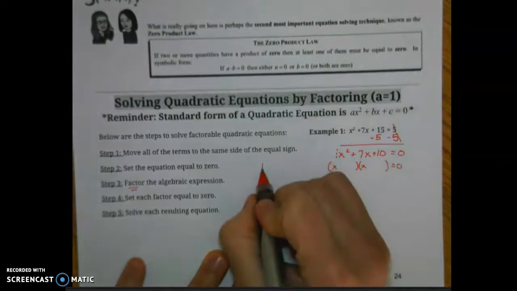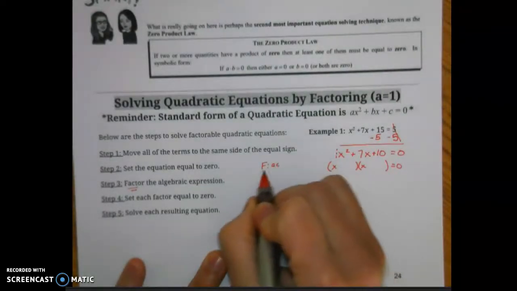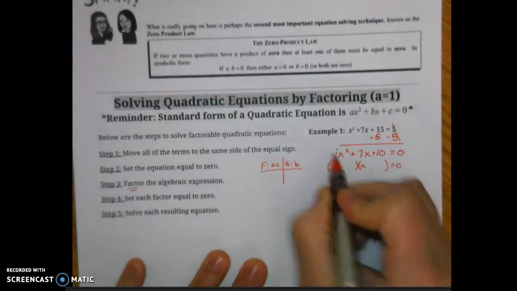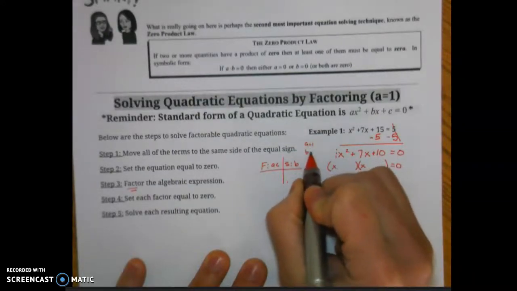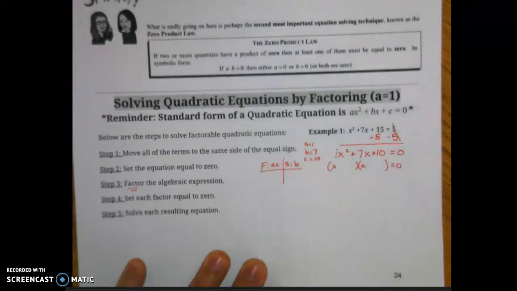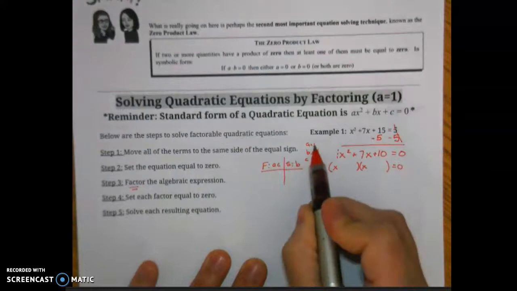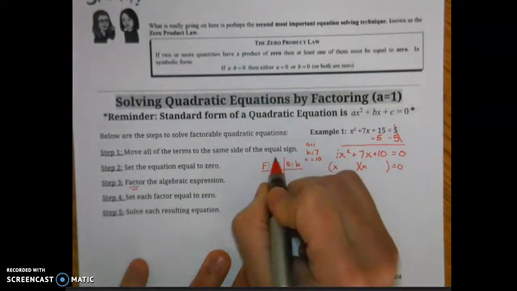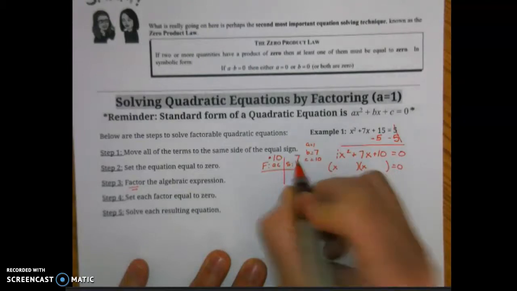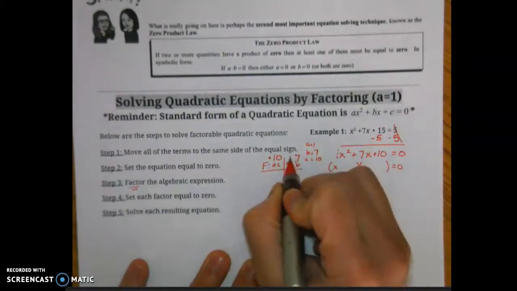So we want factors of a times c with a sum of b. So remember, a is 1, b is 7, and c is 10. So I want factors of a times c, so 1 times 10, so factors of 10, two numbers that multiply to 10, with a sum of b, or a sum of 7, so two numbers that add to 7.